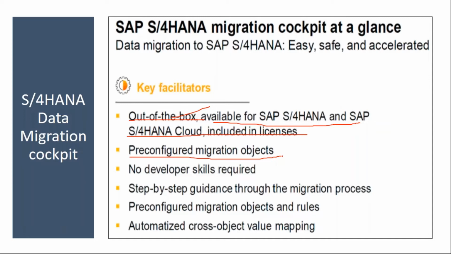If you take SD, they have business partner and customer master. For all modules, all objects are already pre-configured. No developer skills required, so you don't need any dependency on the technical team to develop the upload tools. And step-by-step guidance through the migration process. The tool will guide you, basically. I'll show you this in the system.